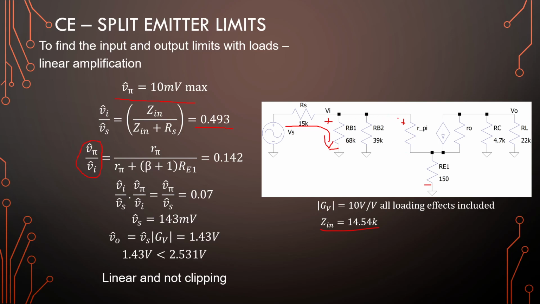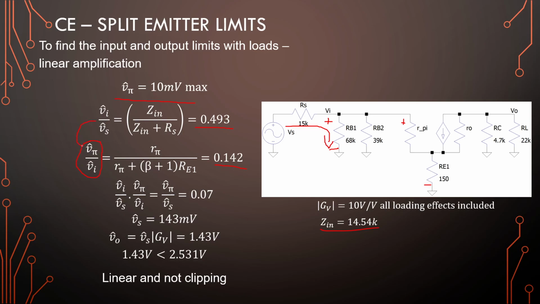So Vin being the input voltage and V pi being the voltage that we want, we can take R pi over R pi plus (beta plus 1) RE1, which is the voltage over here, to form ourselves a divider. And this will give us a ratio of 0.142.